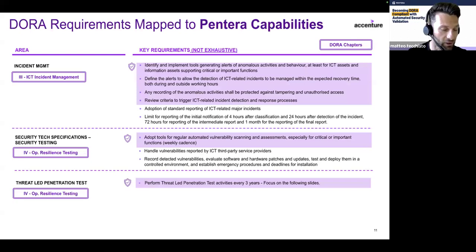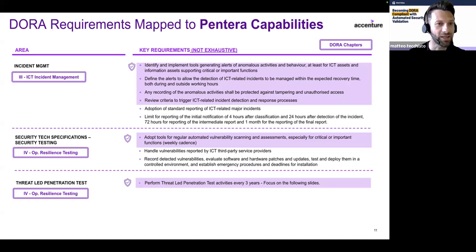Performing security testing activities in a production environment, for example, you can test not only the level of security of your infrastructure, but also the fact that your capabilities, your functions that have the objective to monitor what is going to happen in your environment, are able to understand that there is a malicious activity, are able to find some indicators that there is an attack running, and how they manage this event.